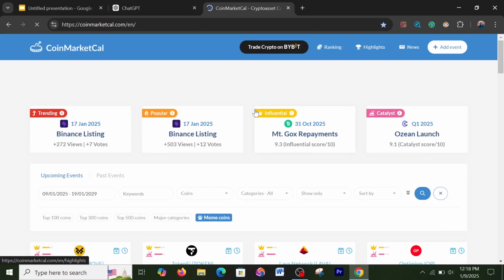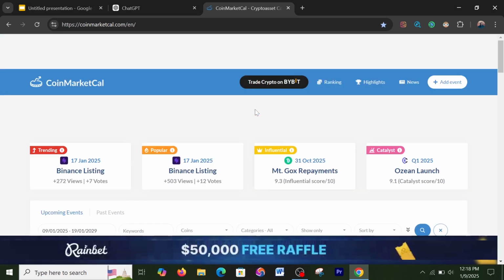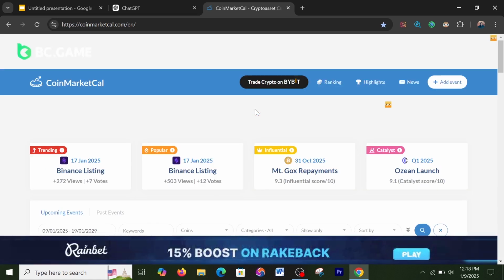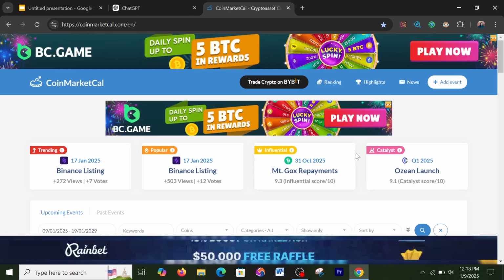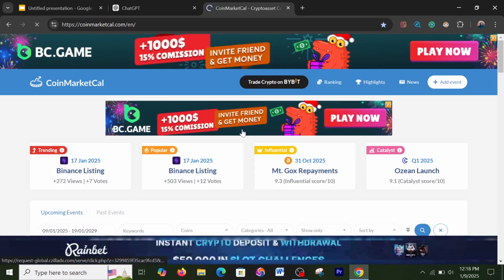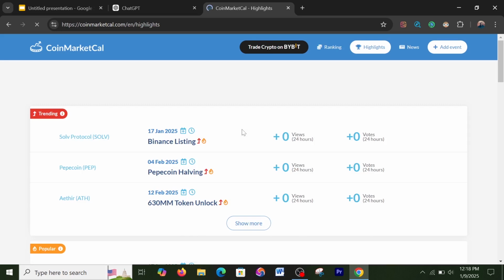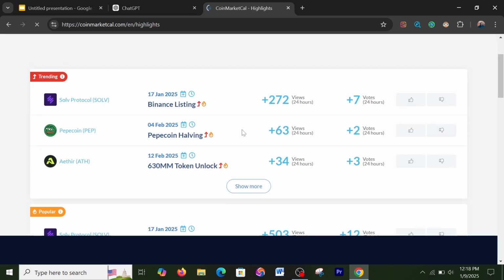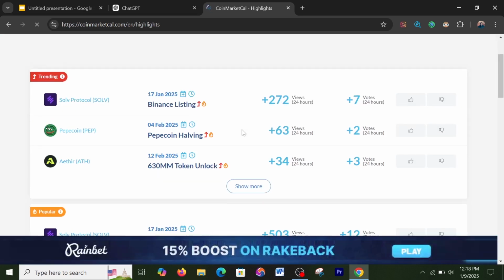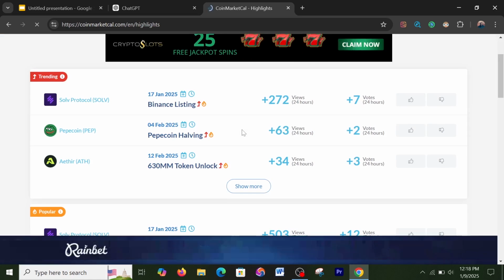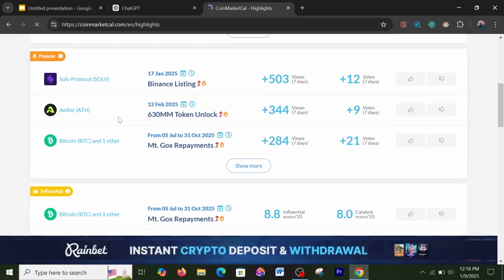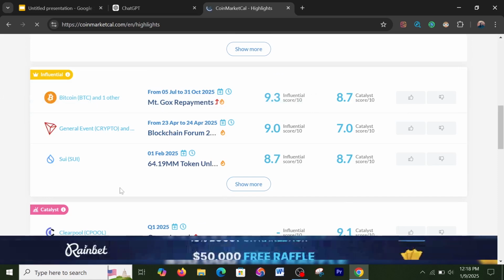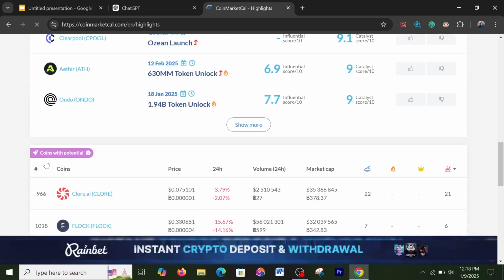It tells us that the team is serious and the team is committed to building that ecosystem. So what you do is click on Catalyst. You want to see these are trending tokens. You can look them up. These are trending tokens, popular tokens, influential tokens, and these are tokens with potentials.